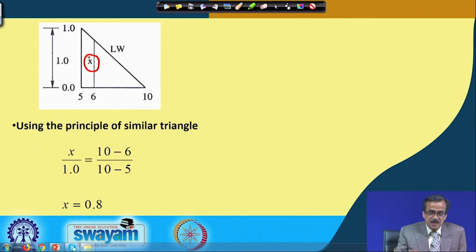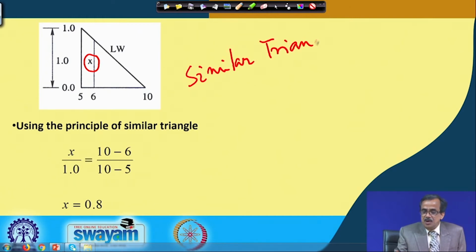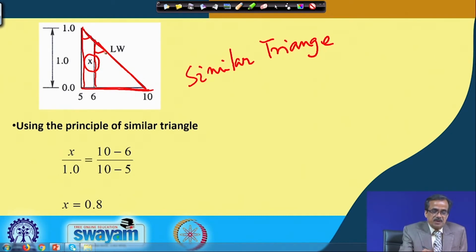Now, as we have already discussed, once again we are going to use the principle of similar triangles. So, using the principle of similar triangles, I can find out the value of x. For example, this particular triangle is similar to this triangle, that means this angle is equal to that particular angle, and this angle is the common angle.